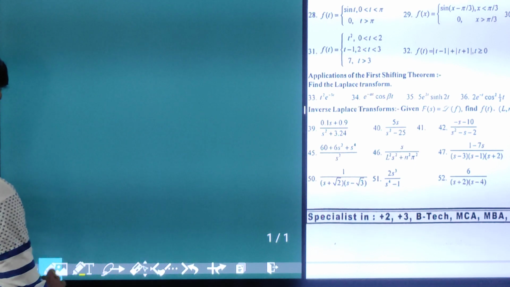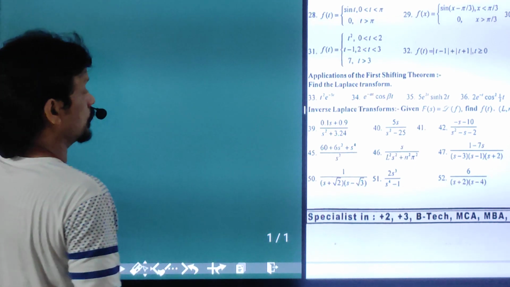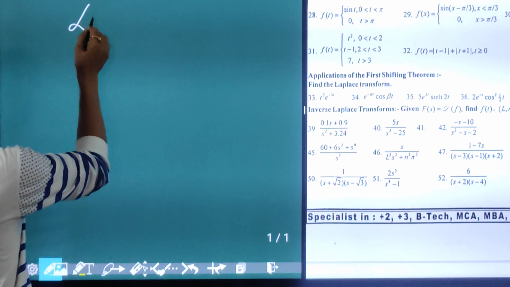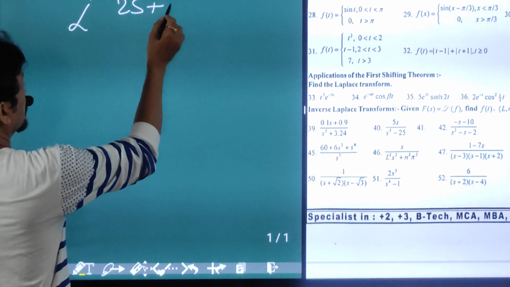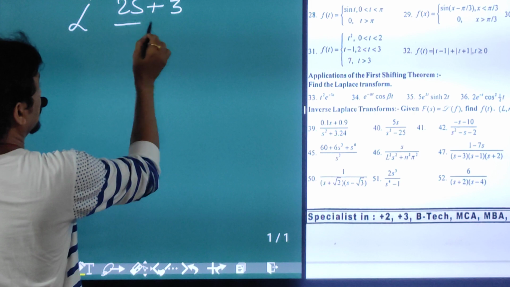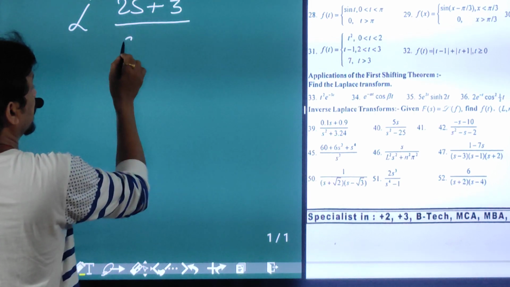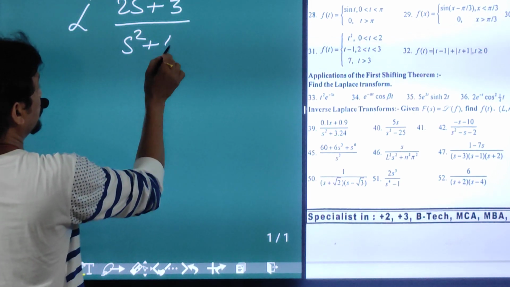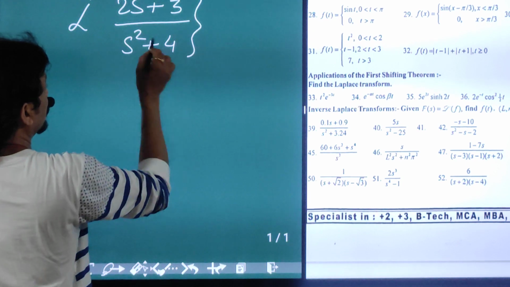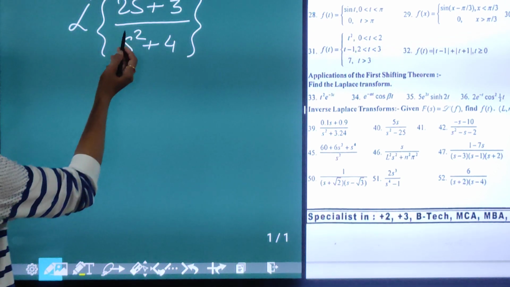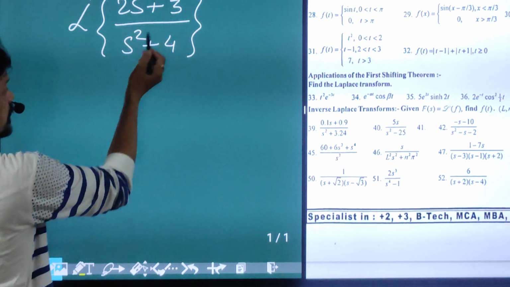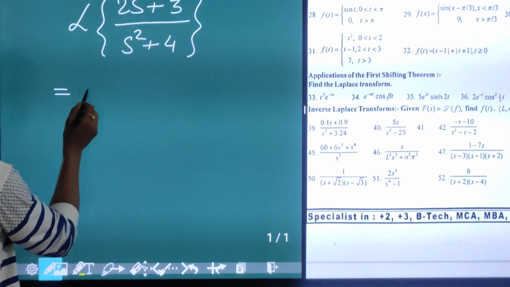So see here, another question. Laplace inverse of (2s plus 3) divided by (s square plus 4). So how to do this type of problem? You want to separate first 2s by this one plus 3 by this one. So let us separate.